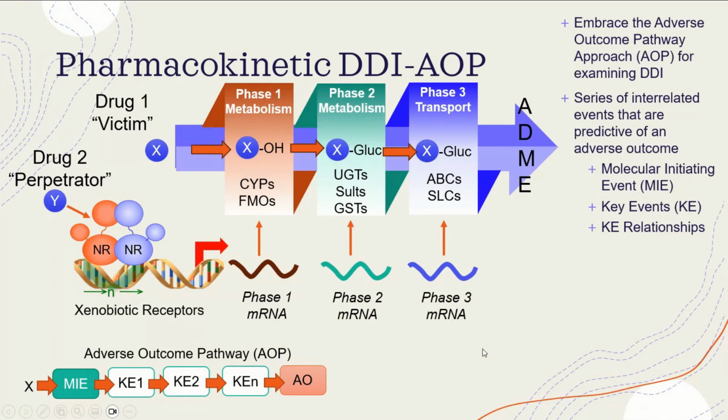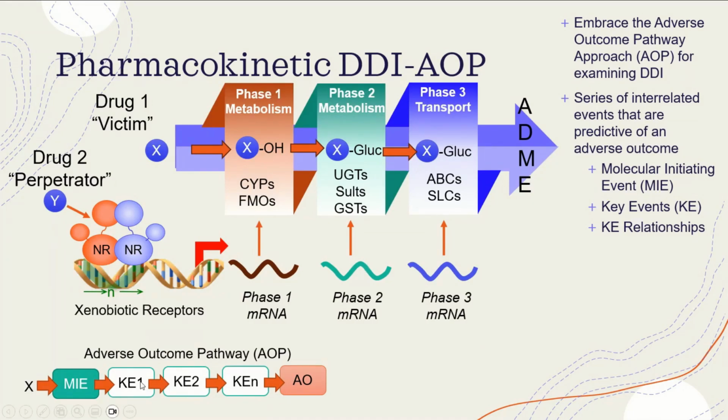Now, when we are talking about some of these complicated signaling pathways, I always find it's helpful to try to simplify these pathways as much as we can. And we do this through what is often used in environmental studies and other mechanistic types of studies, called an adverse outcome pathway.